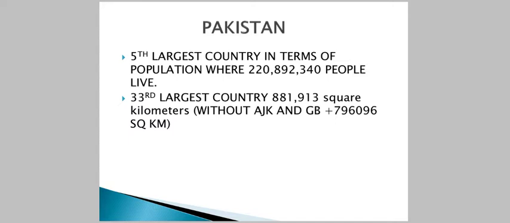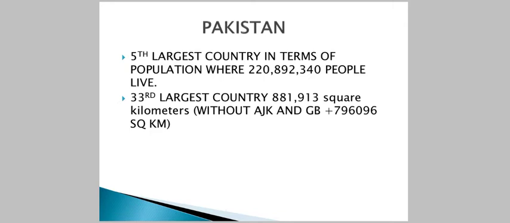Its total area, if we include Gilgit-Baltistan and Azad Jammu and Kashmir, becomes 881,913 square kilometers. And if we exclude the Gilgit-Baltistan and Azad Jammu and Kashmir area, it becomes 796,096 square kilometers.